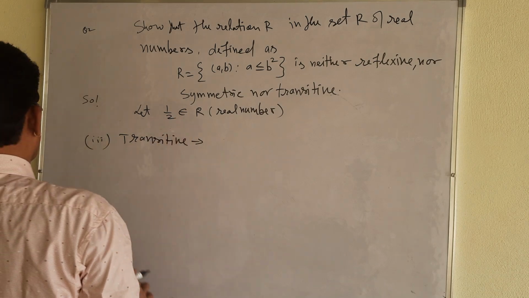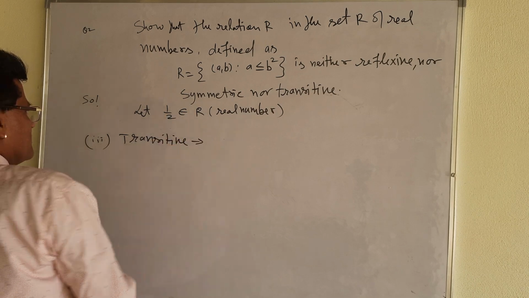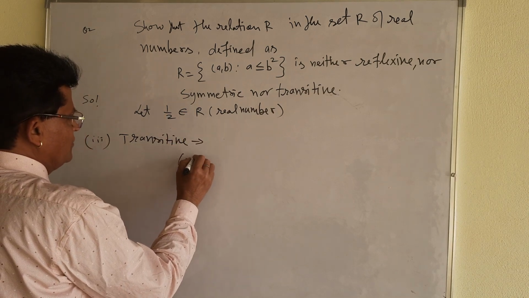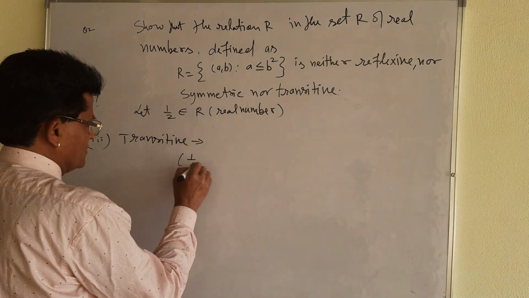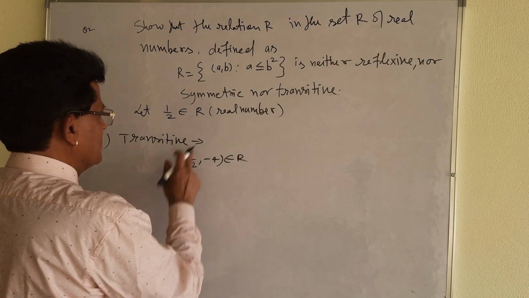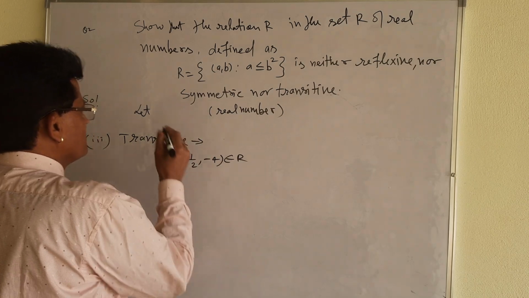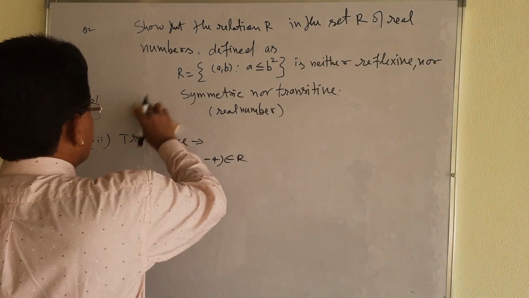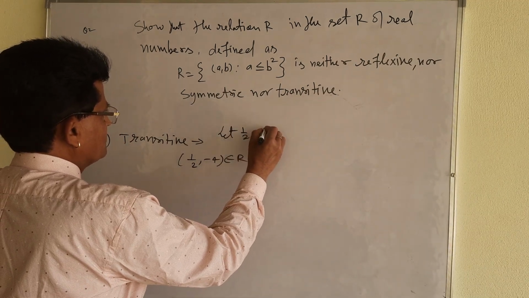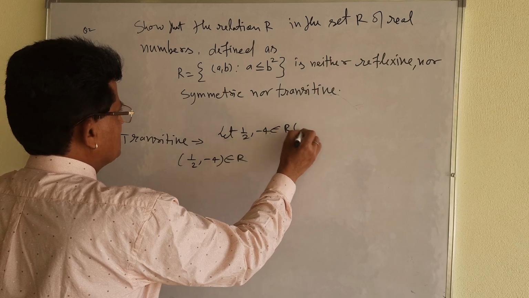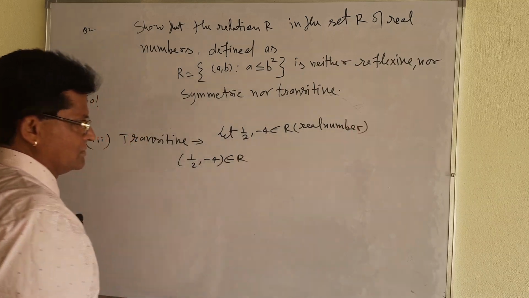I have taken, suppose, real numbers. So let me write first: 1 by 2 and minus 4 belong to R. R means set of real numbers.